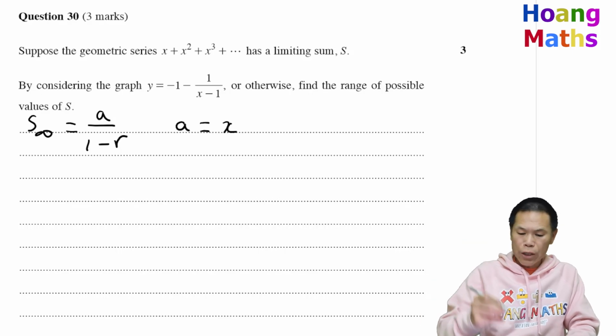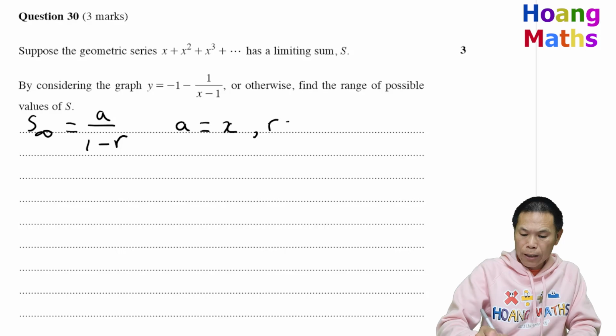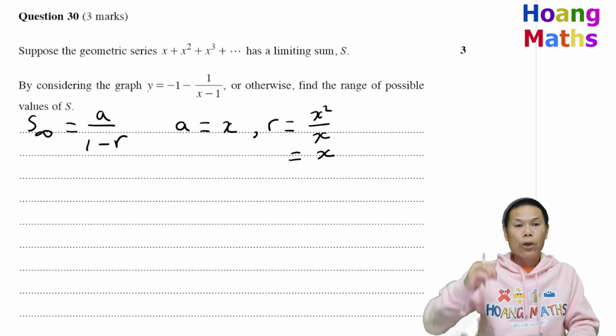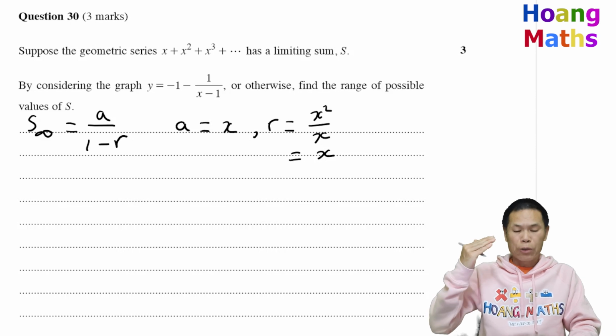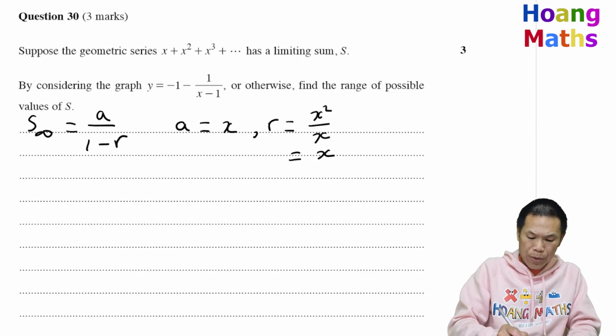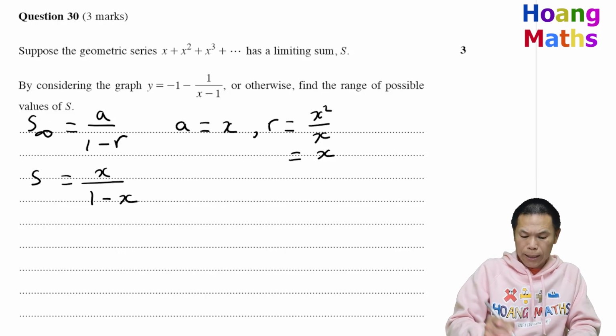And the common ratio r is term 2 divided by term 1. So a is x and r is equal to x. So we just substitute that into the limiting sum. That means I can just write S is x over 1 minus x.